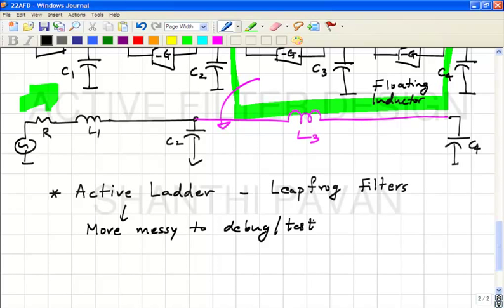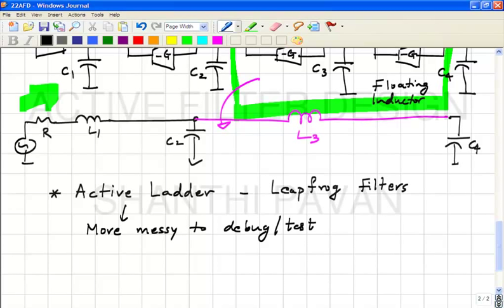For example, you made your active filter and it doesn't work, and you don't know where the problem is. If everybody is talking to everybody else, it is obviously a lot more difficult than if they are all isolated, where you can isolate the problem to one place and then debug. So it's not impossible to debug a ladder, but it's less straightforward than debugging a cascade of biquad structures.